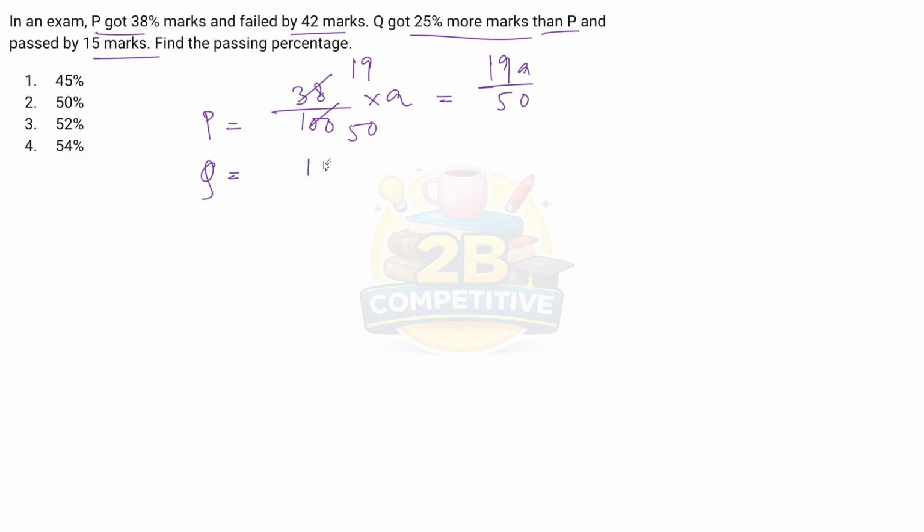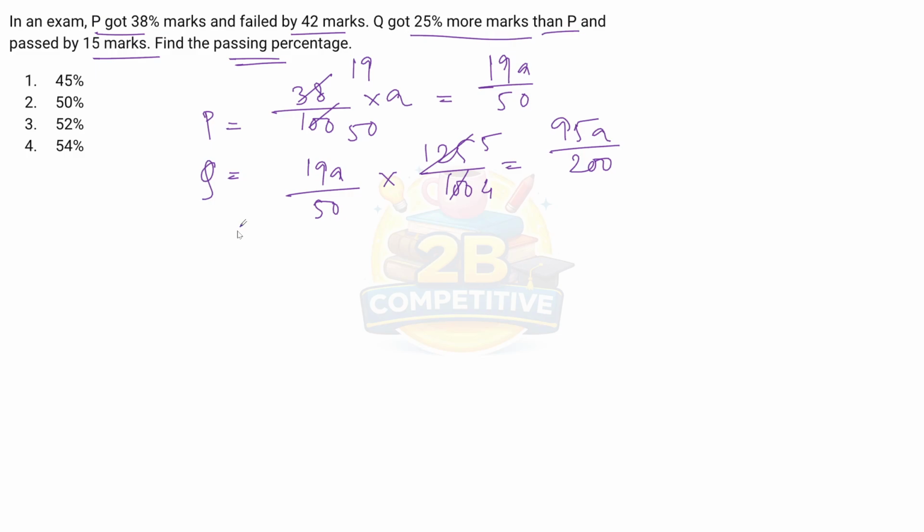So 19A by 50 into 125 by 100, that is 95A by 200. Now it's asking to find the passing percentage.